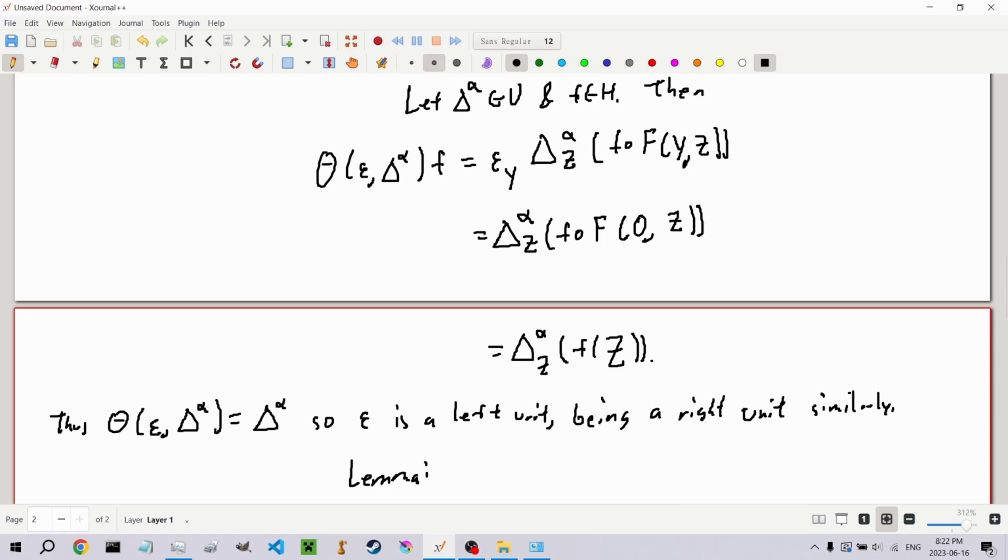From this we have our second lemma, which states that the diagonal map delta from U to U tensor U is an algebra homomorphism.